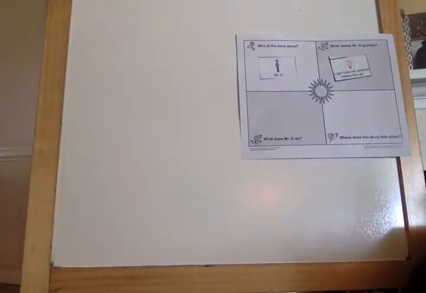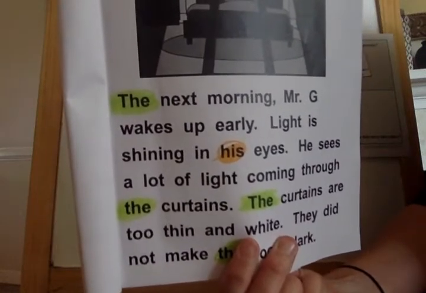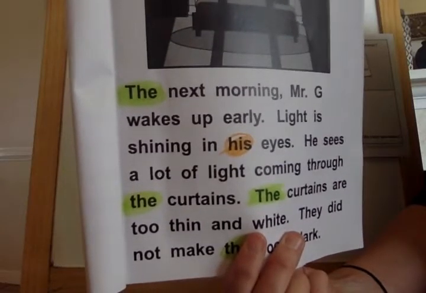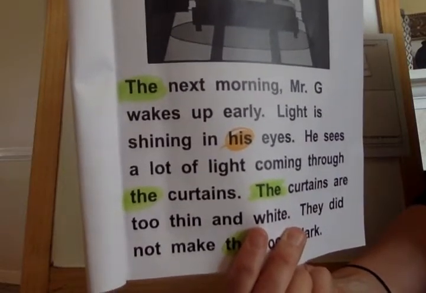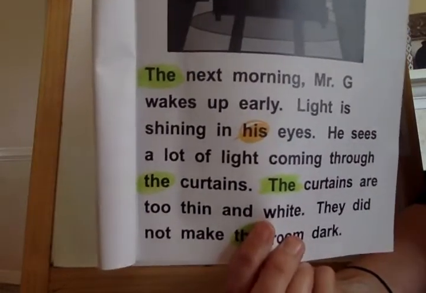Find page 4. The next morning, Mr. G wakes up early. Light is shining in his eyes. He sees a lot of light coming through the curtains. The curtains are too thin and white. They did not make his room dark.